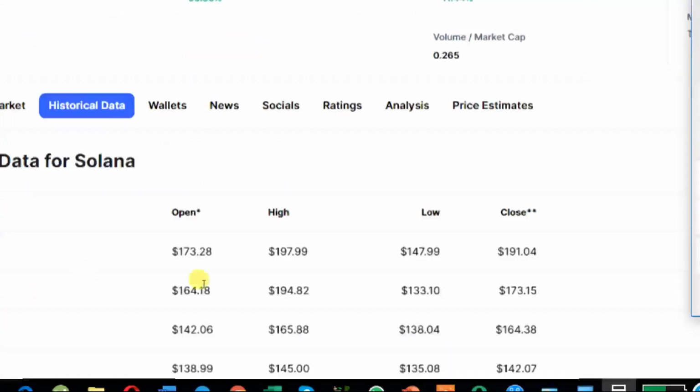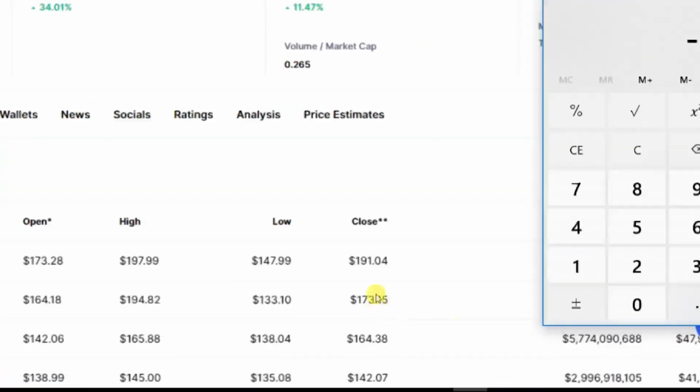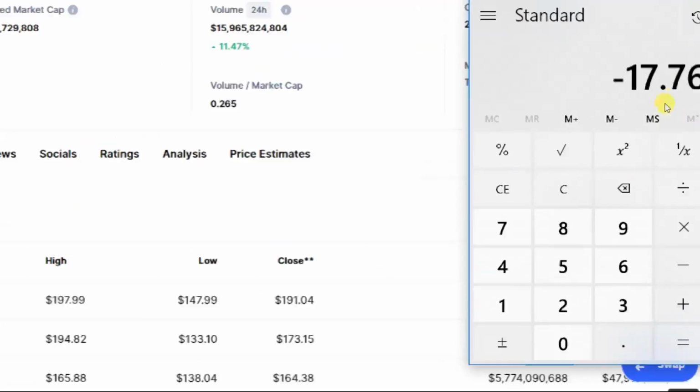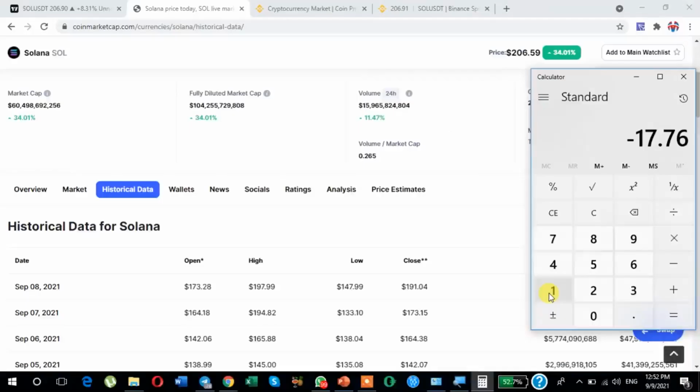It means that if you buy at $173 and sell at $191, you will get a profit of $17. But sometimes if the market goes in the opposite direction, you will lose $17.